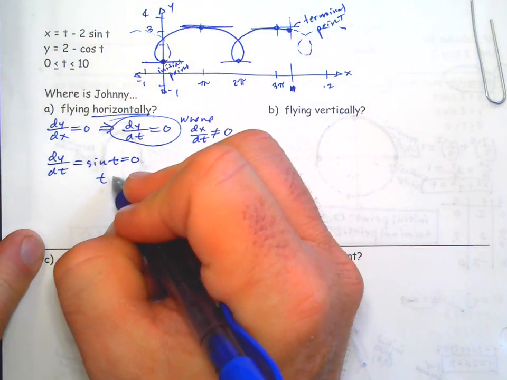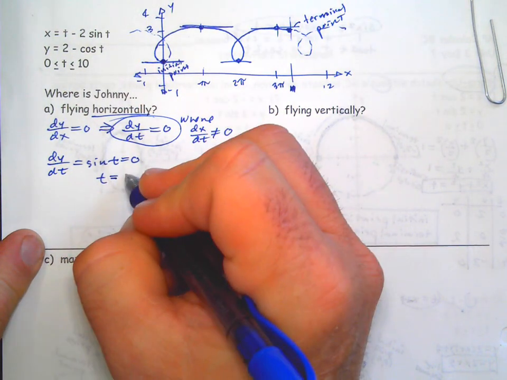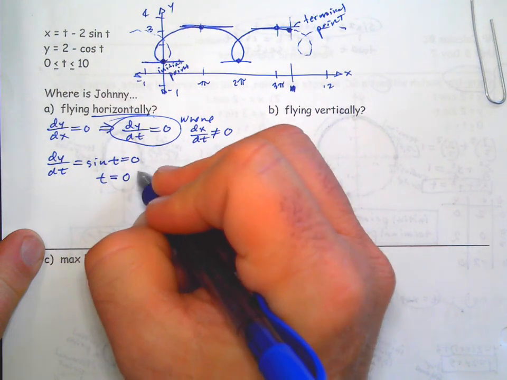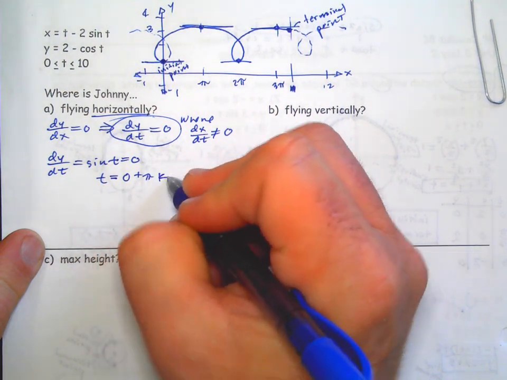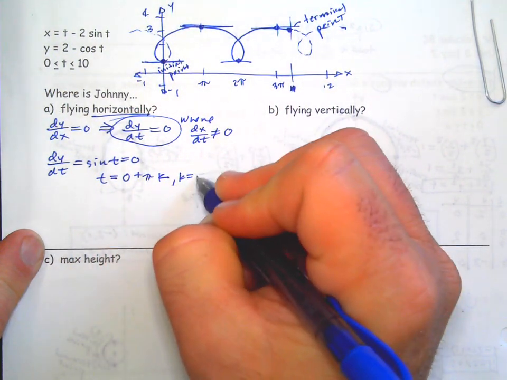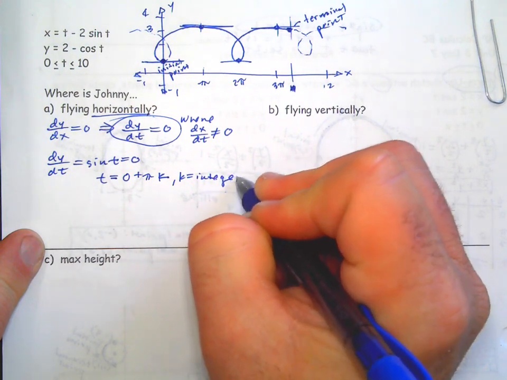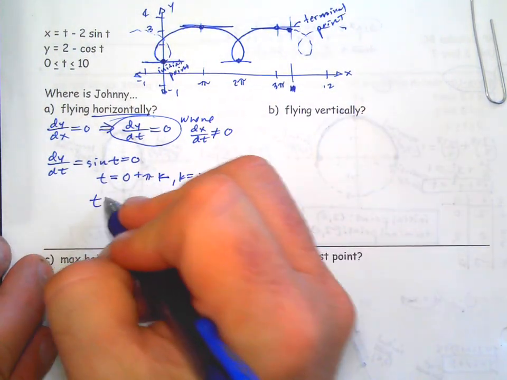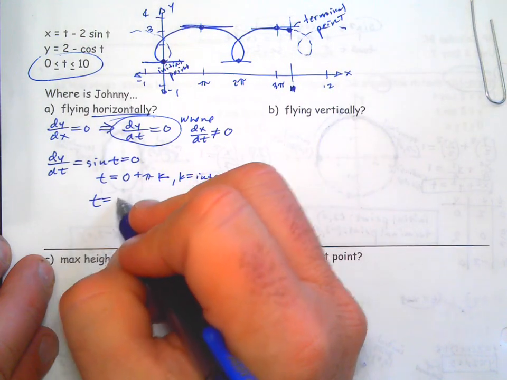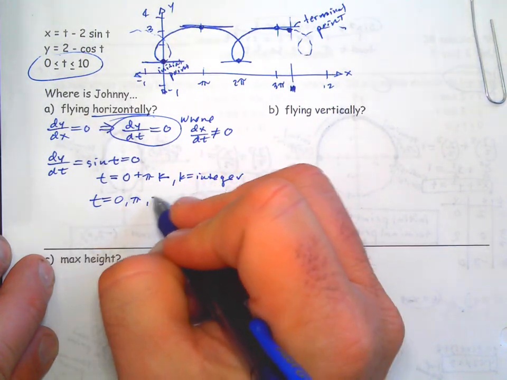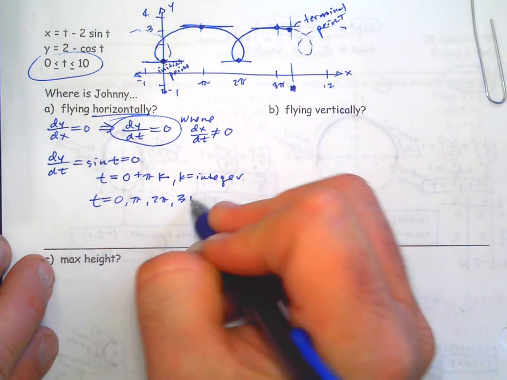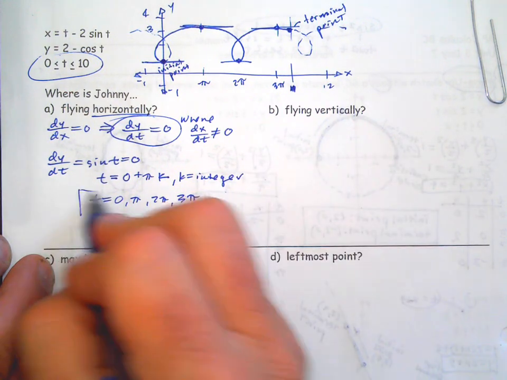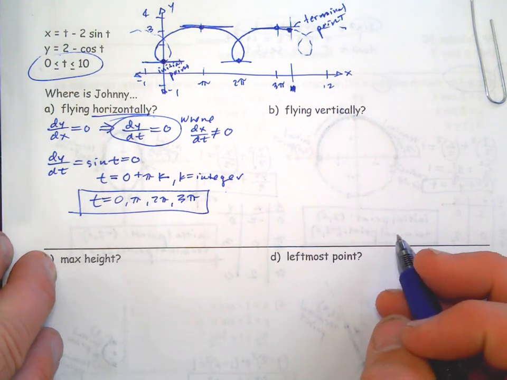Well, that's when time equals 0 plus pi k, where k is equal to an integer. And so for us, if we're concerned with 0 to 10, that would be 0, pi, 2 pi, and 3 pi. 4 answers. Interesting. Okay.